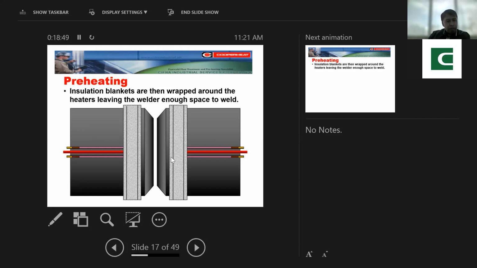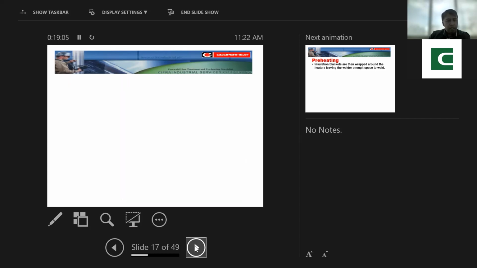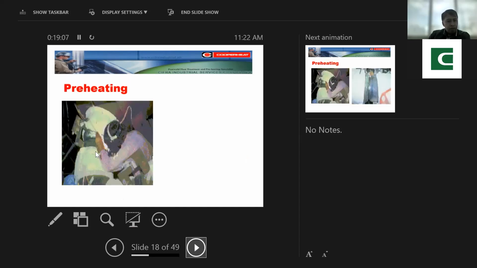So itong setup dito, preheating, pag nakapagbalot na yan, ikakabit na lang natin yung ating mga heater at saka thermocouple wire sa ating machine, then ready na ang mga welder na mag-welding. Tawag dyan, preheating. So this is the actual setup. Ito yung ceramic fiber insulation natin, and sa ilalim niya may mga heaters.